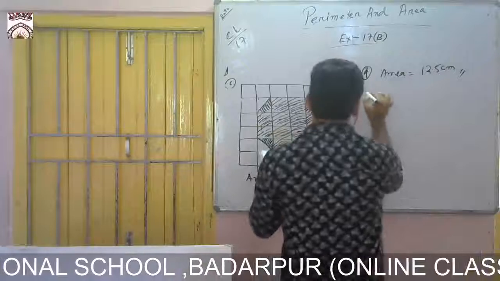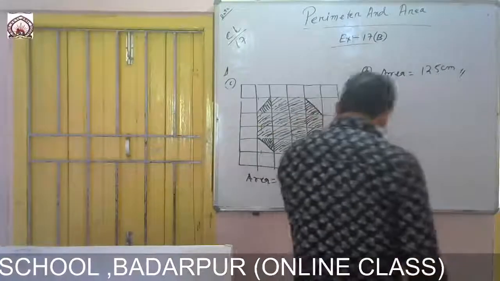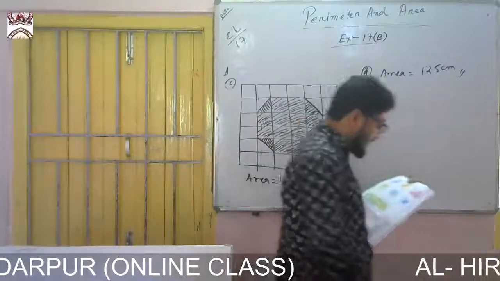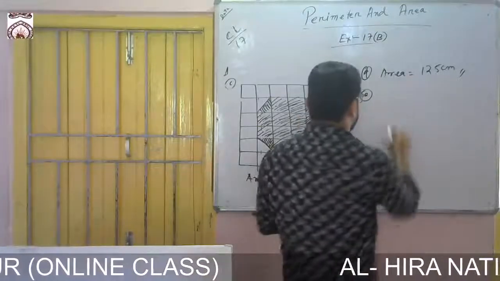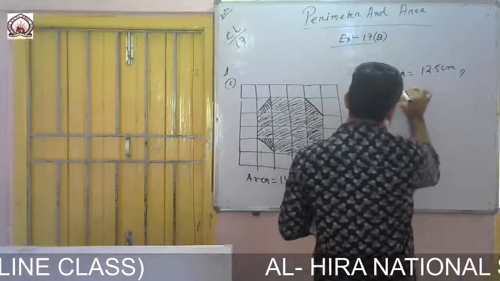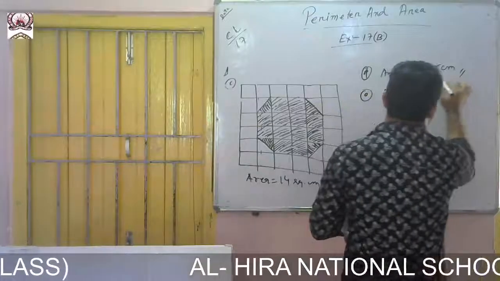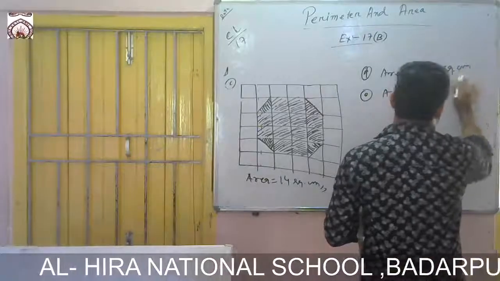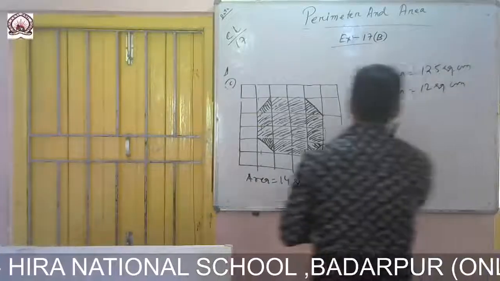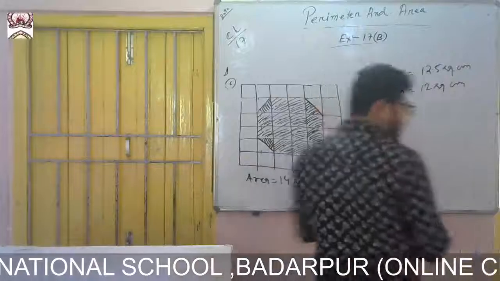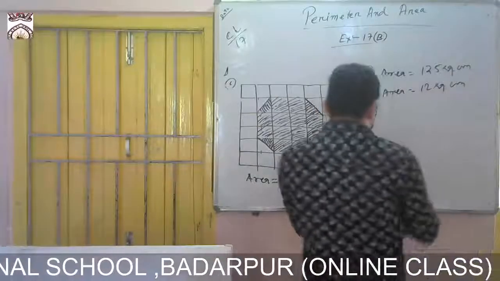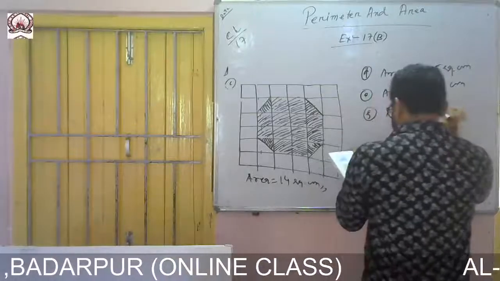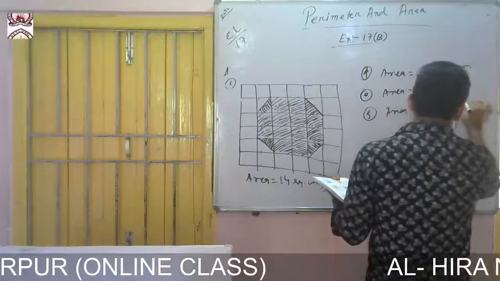Now come to E. Then it will be 12 square centimeter. Then if you come for F, area will be 20 square centimeter.